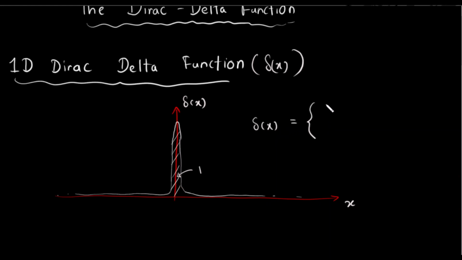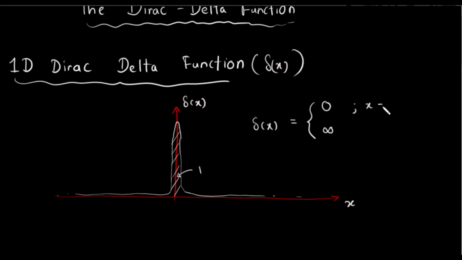One is 0 and the other one is not 0, and we can say that the other one is infinity. So delta x equals 0 when x is not equal to 0.